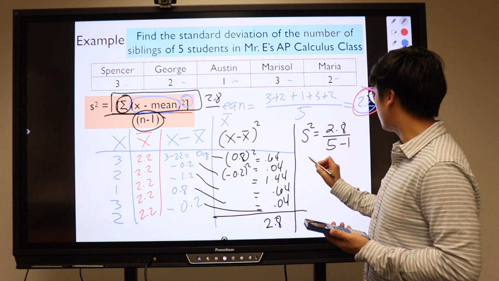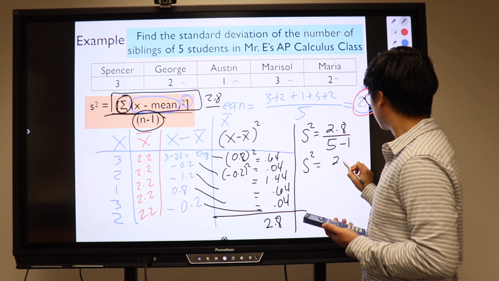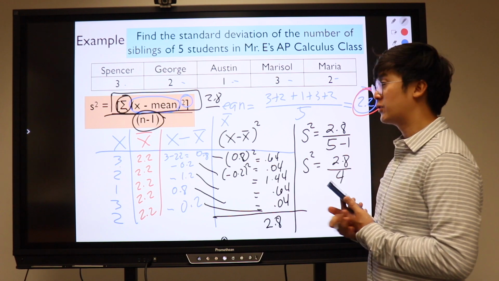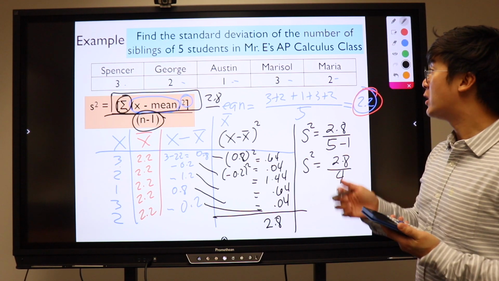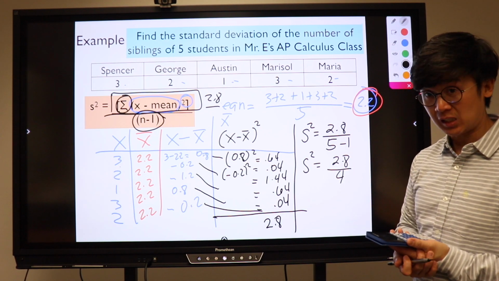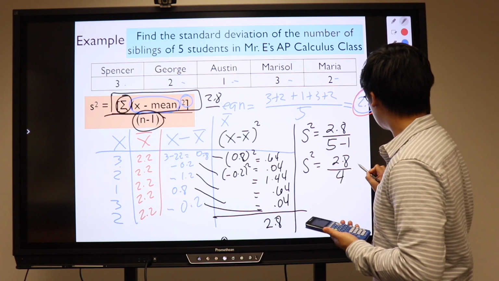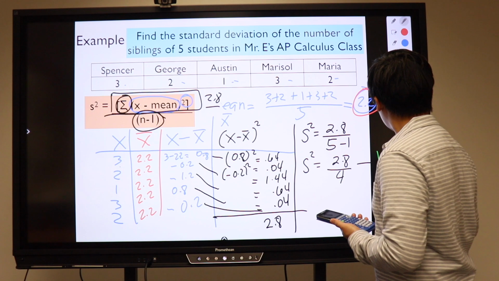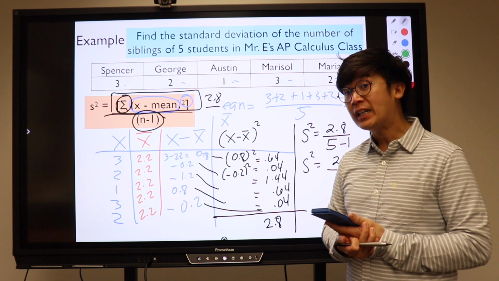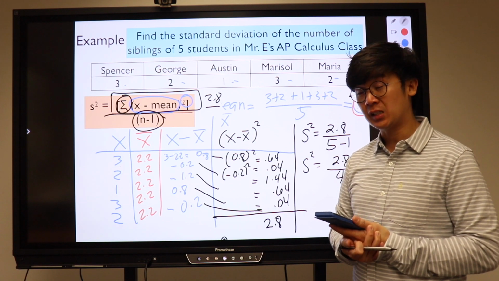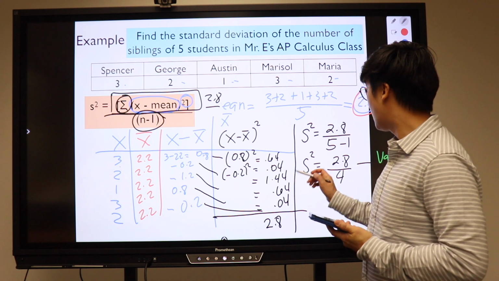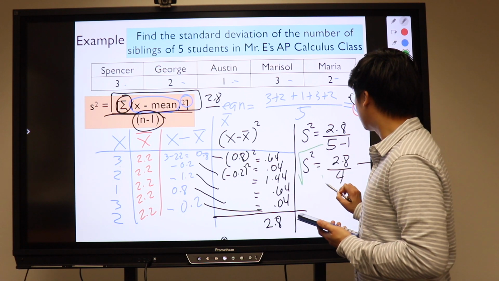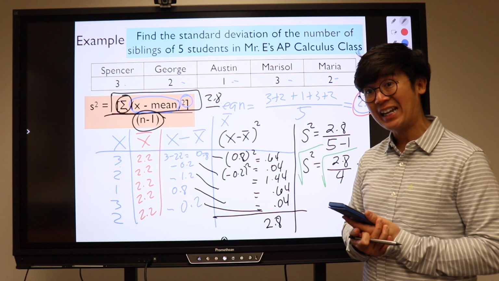And what is 5 minus 1? Is 4. And we're looking for the standard deviation. But right now, this is just your variance. We need to find the standard deviation. And to find the standard deviation, we're going to take the square root.